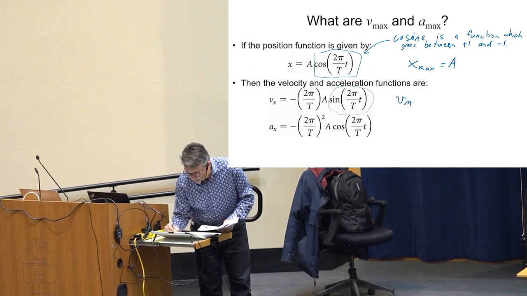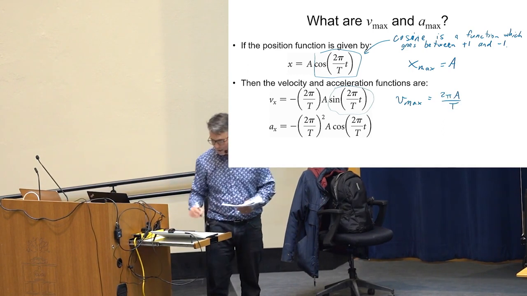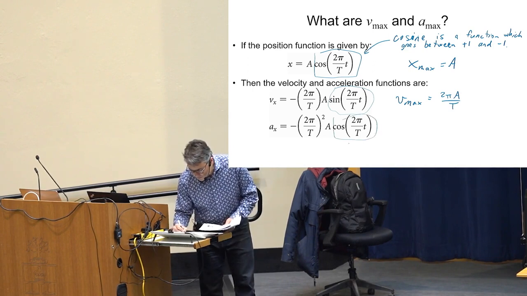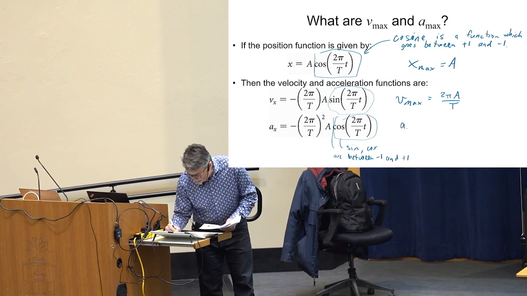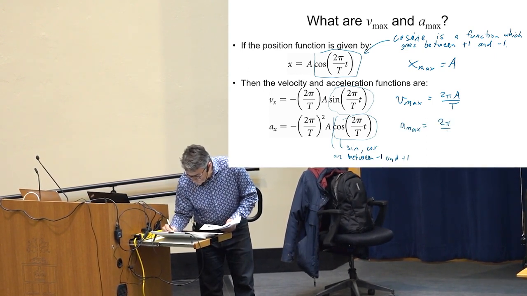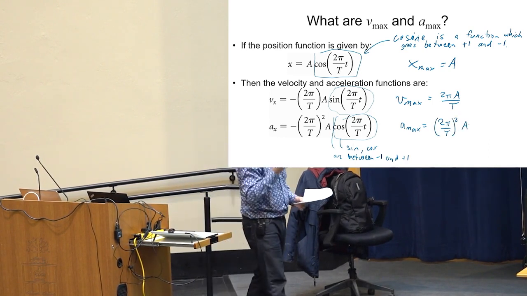So V max is going to be equal to 2 pi A over capital T. And similarly, sine and cosine are always between -1 and +1, so I would say A max is equal to 2 pi over T, squared, times A. So that's the answer to that question.